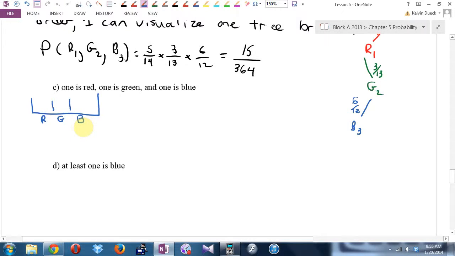How many reds are in the bucket? How many greens are in the bucket? 3. How many blues are in the bucket? 6. How many reds do I want to choose? 1. How many greens do I want to choose? 1. How many blues do I want to choose? 1.